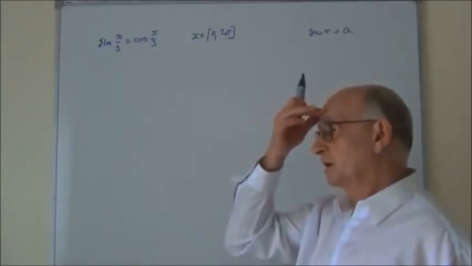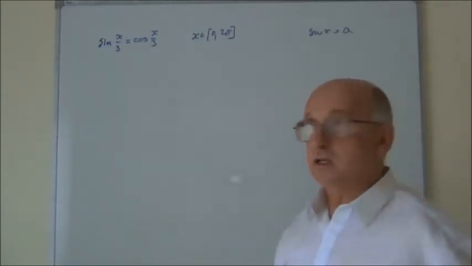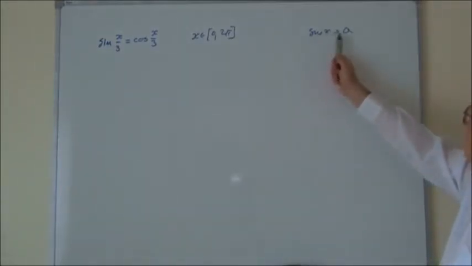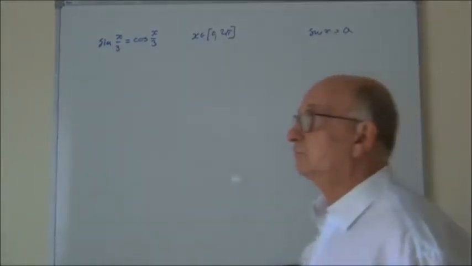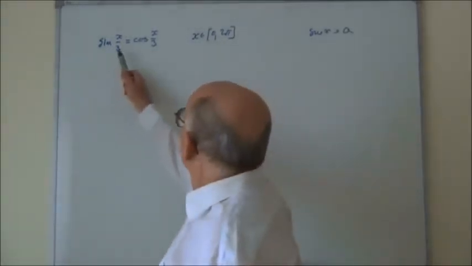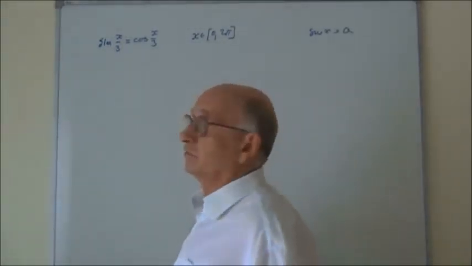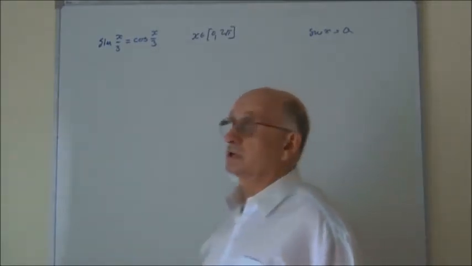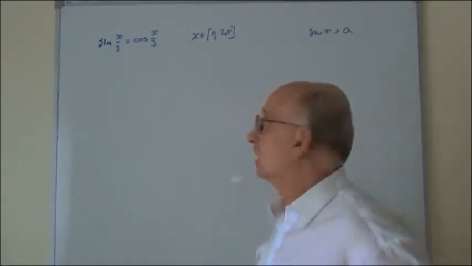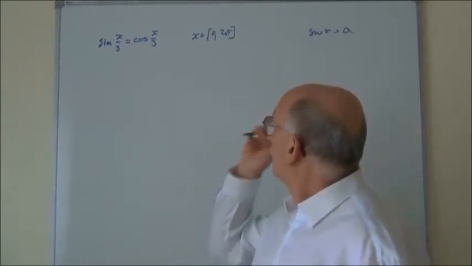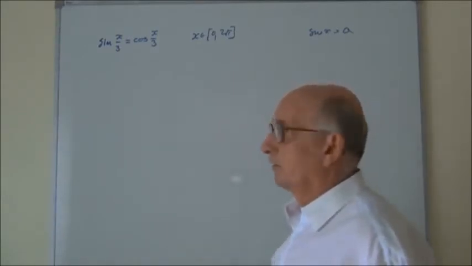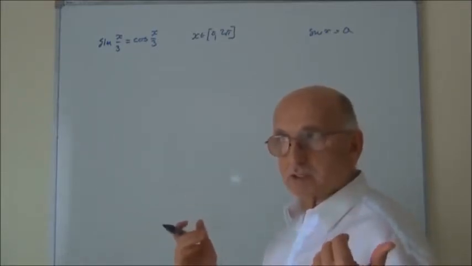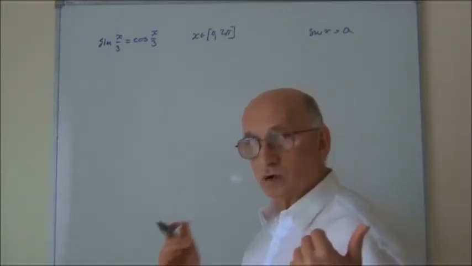So our target is again, and the way in which we are thinking is again the same. We are targeting to get this. But how to get from sine x on 3 equal cosine x on 3 to the same ratio? Well, we have to call two formulas from trigonometry that we already learned.